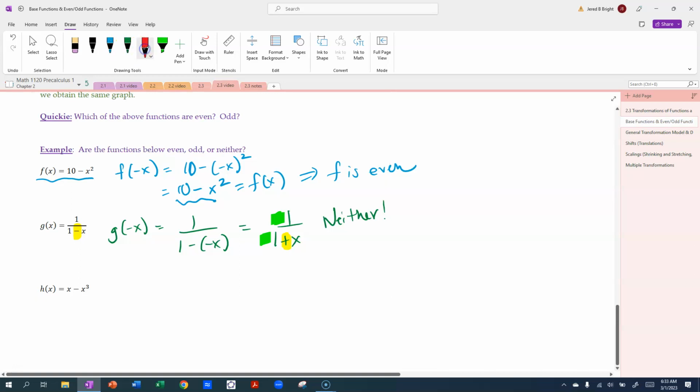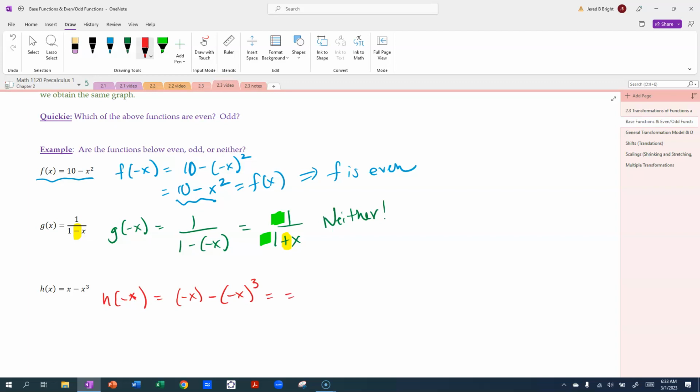Okay, lastly, h of x, again, go through, substitute in that minus x, and you get minus x, minus x, and then cubed. Okay, now going through the arithmetic, negative x plus x cubed, okay? So let me maybe break this down.